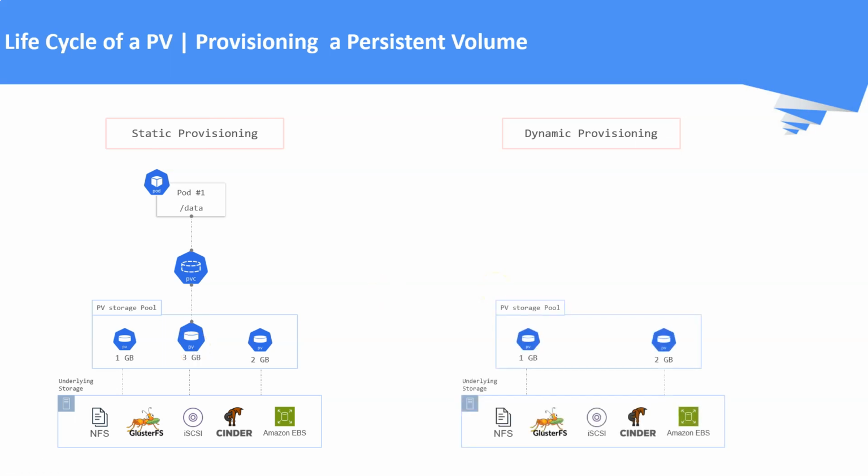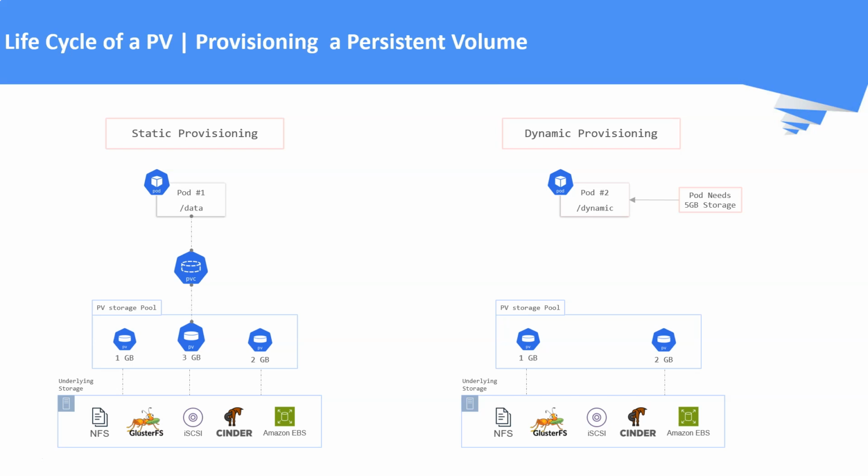In dynamic provisioning, when none of the static PVs match the user's PVC request, the Kubernetes cluster will try to automatically provision a storage volume for the PVC request. For example, let's say a pod needs 5 GB of storage, but that is not available in the PV storage pool.